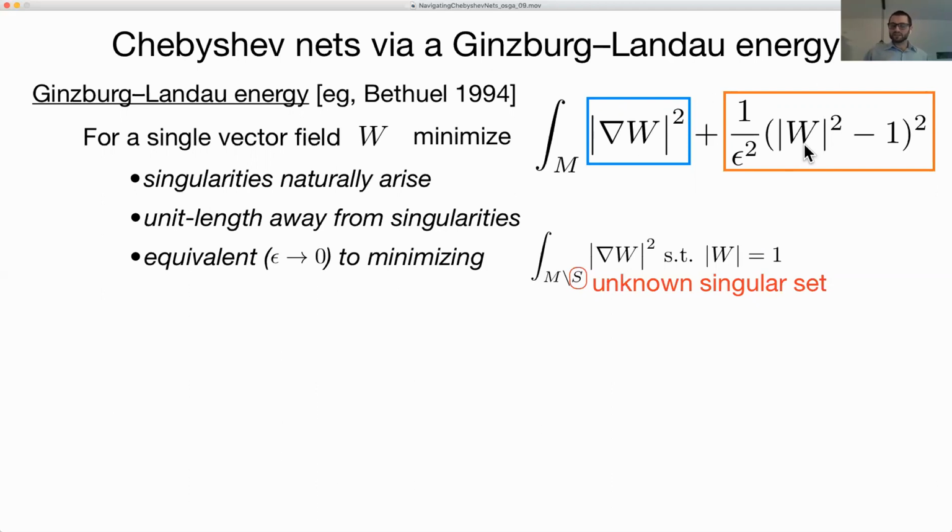And it's equivalent, as epsilon goes to 0, to minimizing the Dirichlet energy subject to the unit constraint everywhere away from this unknown singular set. But the really surprising and amazing thing about this formulation is that you get the location of the singular set throughout the process.